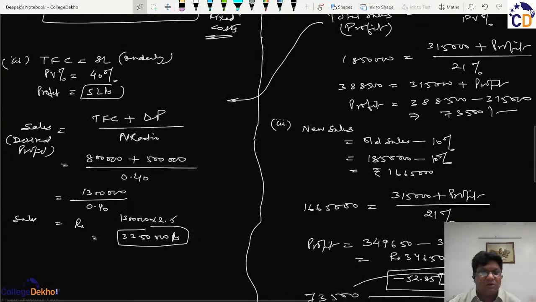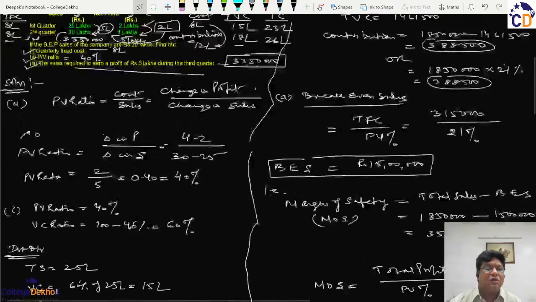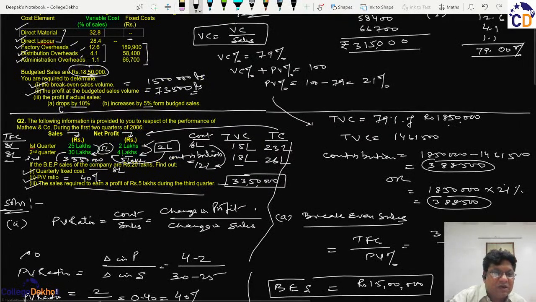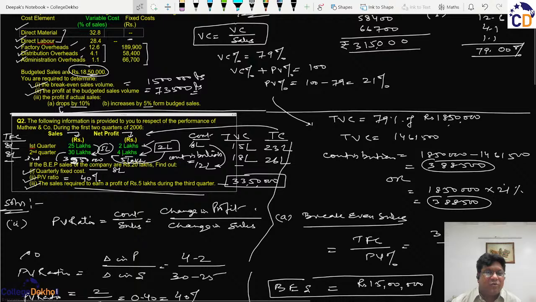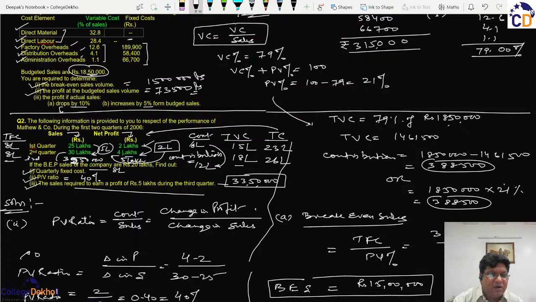So let me check the figures again in case there is a calculation mistake. So 13 lakhs divided by 0.4, sorry, this is coming out to be 32 lakh 50,000. A little calculation mistake. So with this increase, from 30 lakhs to 32 lakh 50,000, your profit will become 5 lakh. That is, this increase in sales of 2 lakh 50,000, if you take 40% of it, it is 1 lakh, and that is your increase in profit.